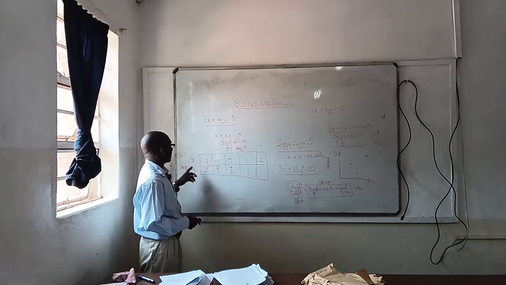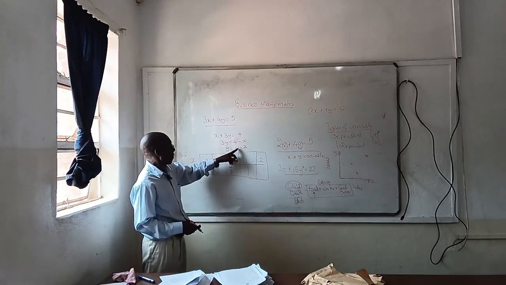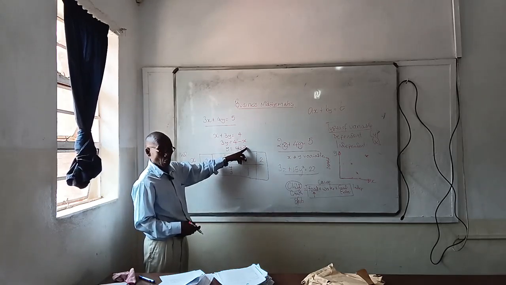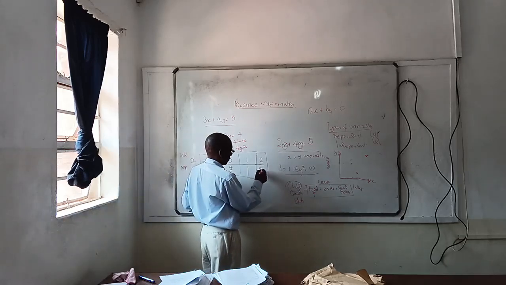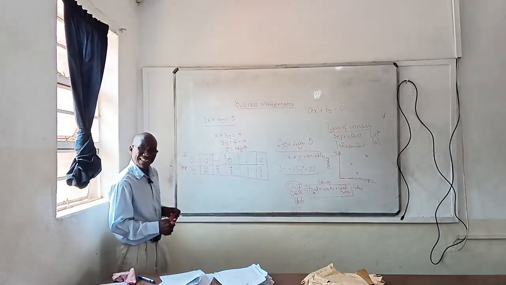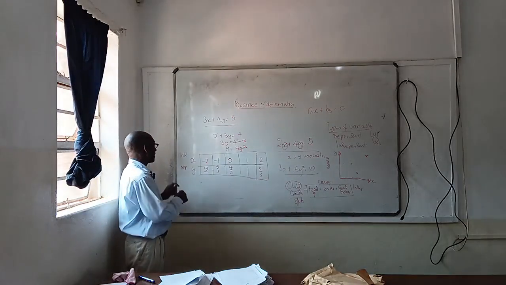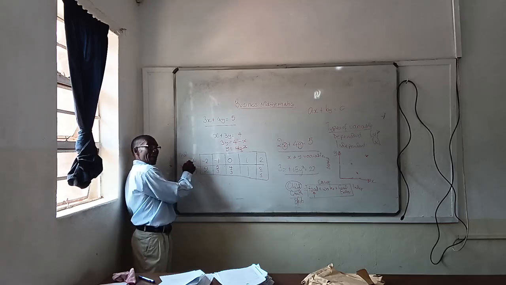When x is 2, 4 minus 2 is 2. 2 divided by 3 is 2 over 3. What is changing? It is the y. Why is y changing?